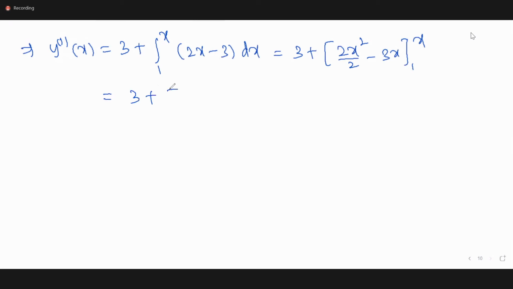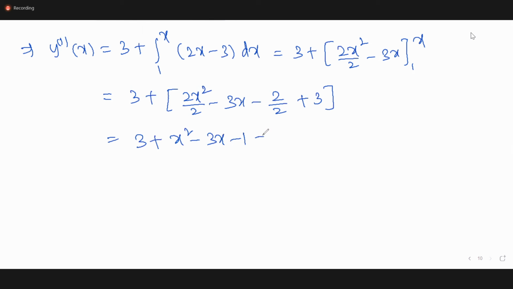So 3 plus, for the upper limit, x square minus 3x, for the lower limit, minus 1 plus 3.